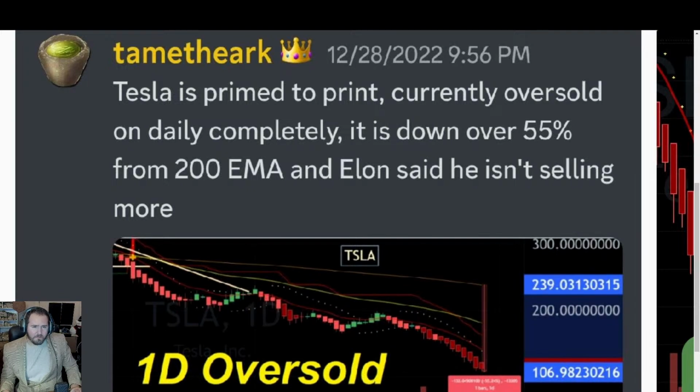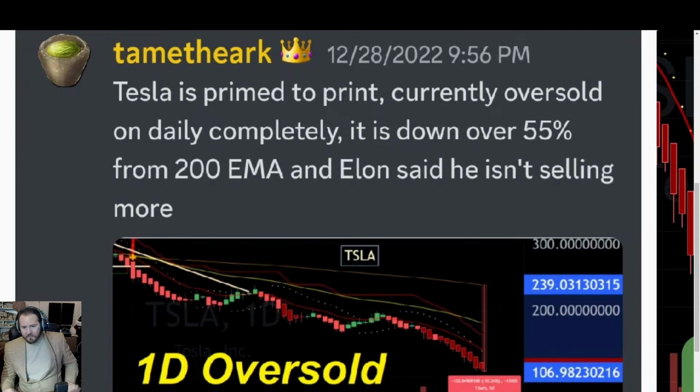It's a good trade. It's one of the best trades, but you're afraid of the red. Elon even tweeted earlier today.